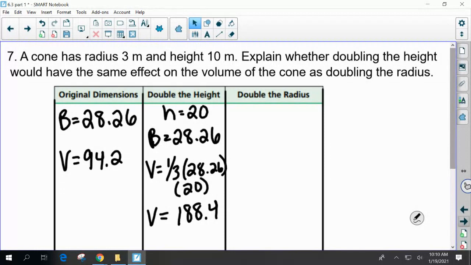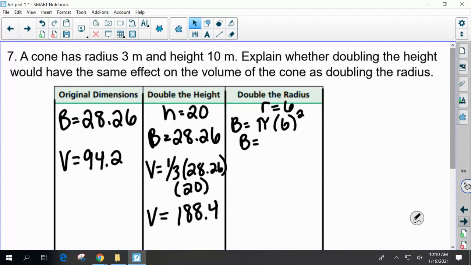Okay, so now what if I double the radius? What's my new radius? 6. So I am going to have to calculate capital B again. So pi times 6 squared. What would that equal?